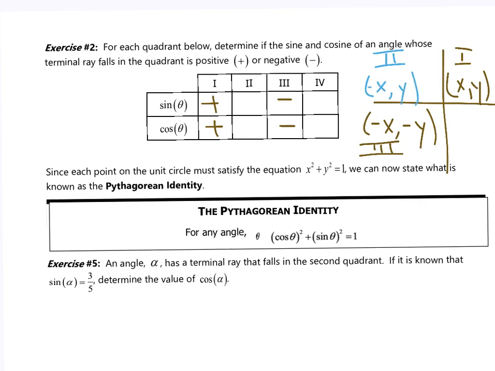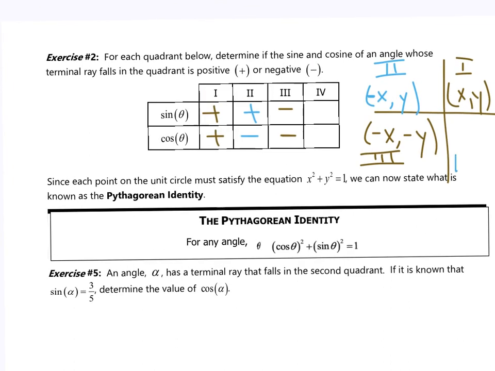Well, the x values are negative because you're towards the negatives on the number line. So that is your cosine, so that's negative, and your sine is positive. And the exact opposite of that, quadrant 4: your x is positive, but your y is negative, which means your sine is negative and your cosine is positive.